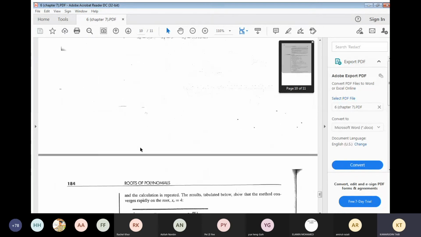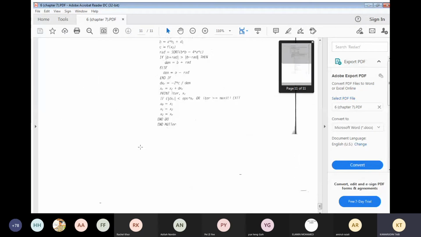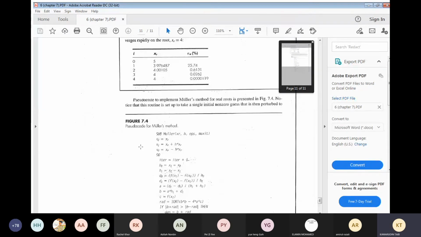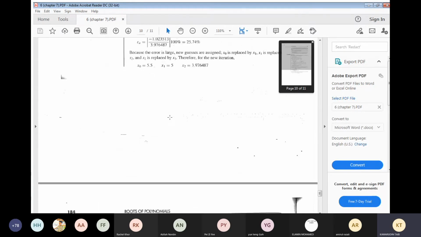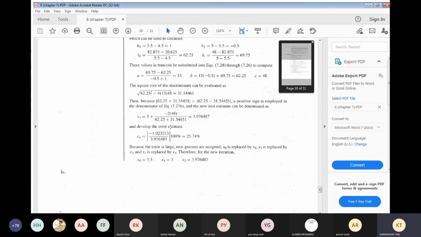After that, once you got this one, you use long division, and you get the second order polynomial next for you to solve to get the other two roots.